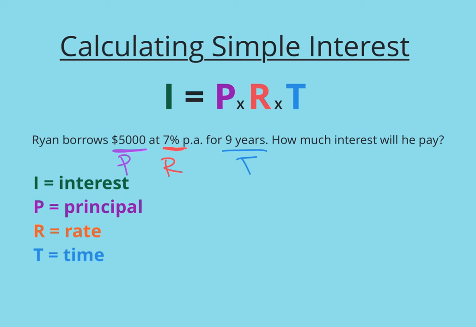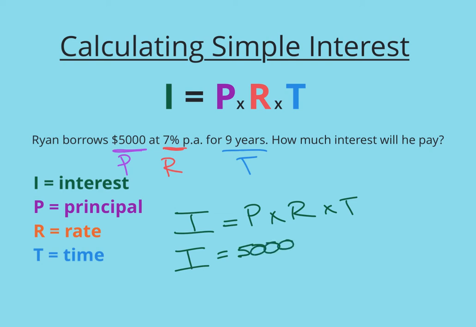So in order to calculate interest, it's going to be I is equal to P times R times T, and we're just going to put those numbers in. So I is equal to 5,000 times 7%. Now we need to write that as a decimal, so 0.07, and then we're timesing that by the time.